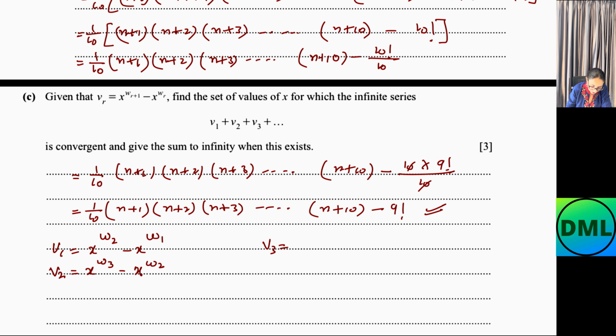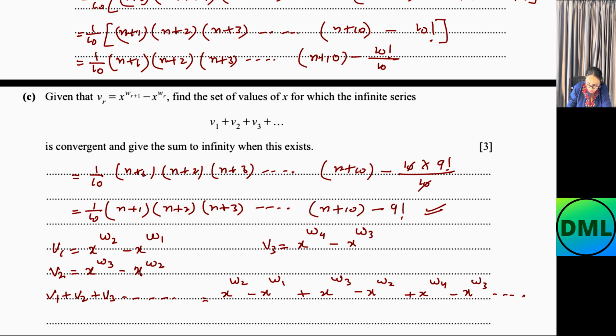V3 is written as x raised to the power W4 minus x raised to the power W3. I am adding V1 plus V2 plus V3 and so on. This will be written as x raised to the power W2 minus x raised to the power W1, plus x raised to the power W3 minus x raised to the power W2, plus x raised to the power W4 minus x raised to the power W3, and so on.